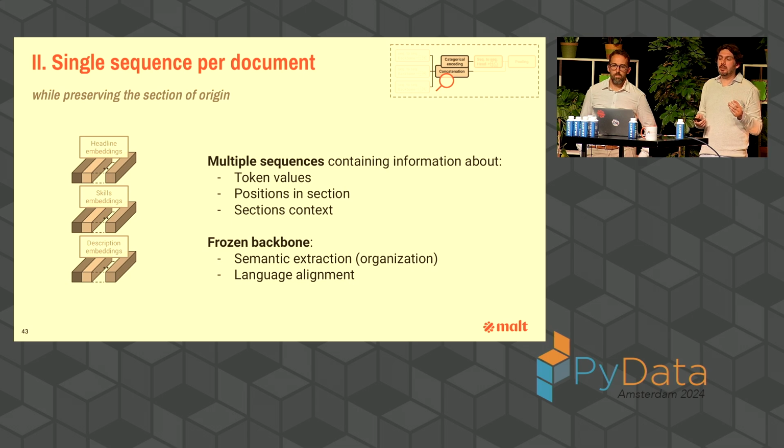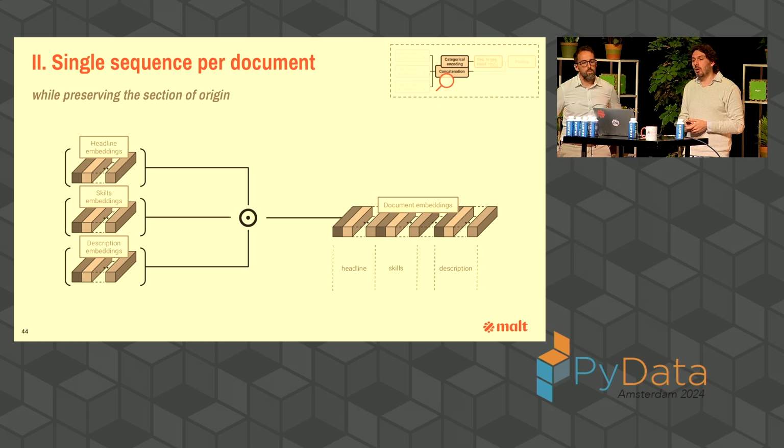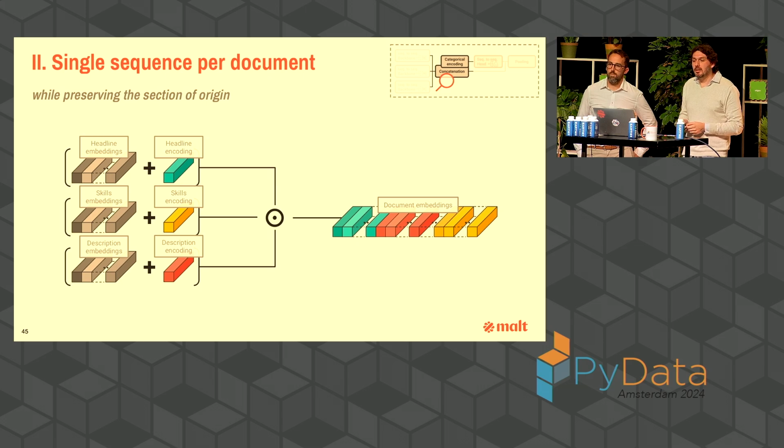But we are processing sections at that point, and what we want at the end is to process documents. We could do a simple concatenation of all those sections, but we would be losing one piece of information: the section of origin of each token. So for that, we added a section encoding.